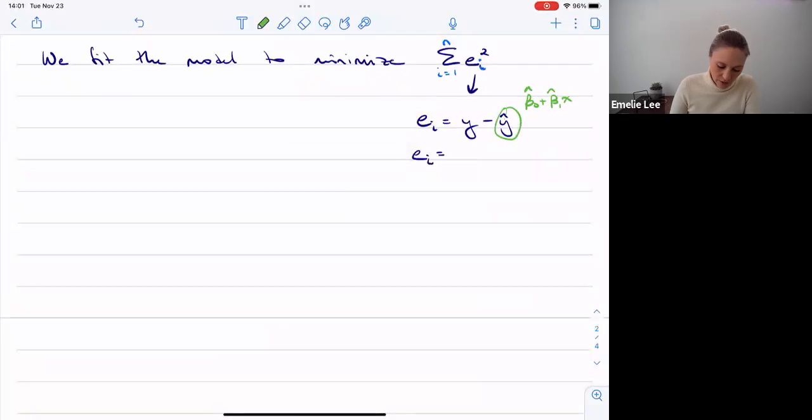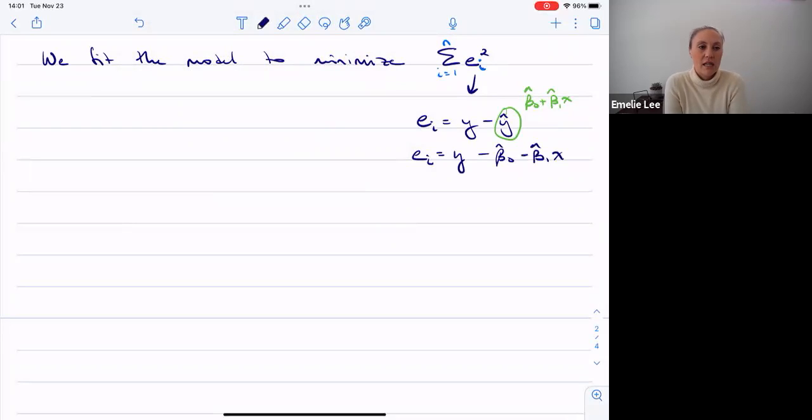So what we could do is we could rewrite this, expanding the brackets right away, y minus beta naught hat plus beta 1 hat. Oops, sorry. I said to expand the bracket and then I didn't. Minus beta 1 hat x.